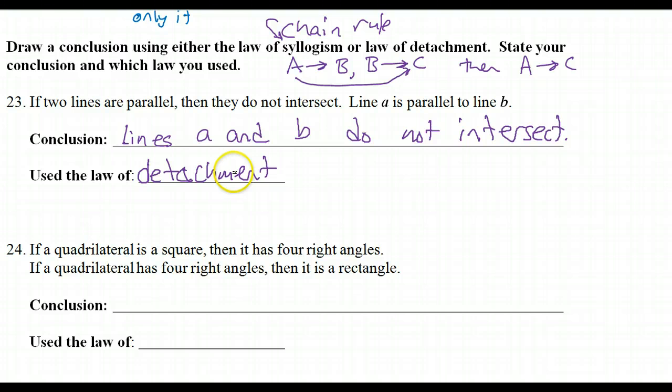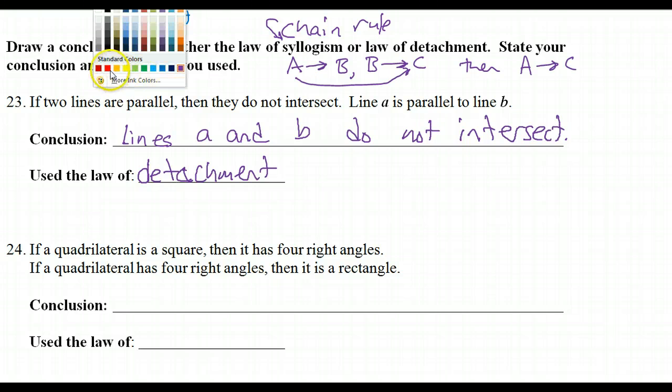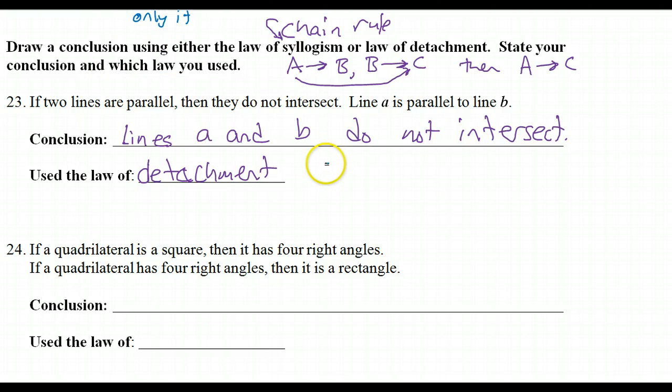Detachment is the one where I tell you if one thing happens, then the other thing happens, and then I tell you the first thing happened, and you conclude the second thing happens. So in other words, detachment follows the following pattern. If A happens, then B happens.